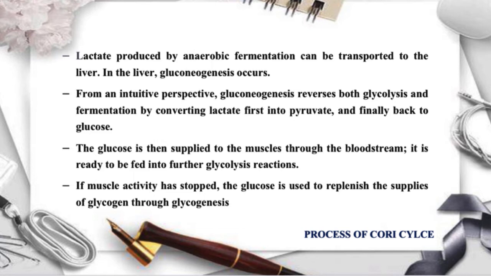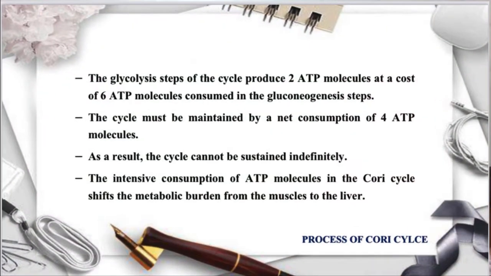If muscle activity has stopped, the glucose is used to replenish the supply of glycogen through glycogenesis. The glycolysis step of the cycle produces 2 ATP molecules at a cost of 6 ATP molecules consumed in the gluconeogenesis steps. The cycle must be maintained by the net consumption of 4 ATP molecules. As a result, the cycle cannot be sustained indefinitely.